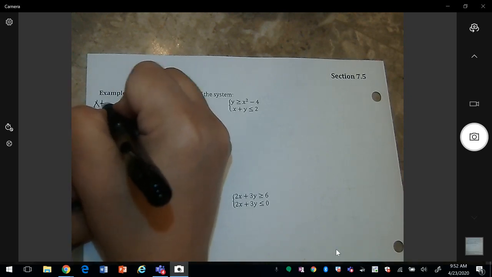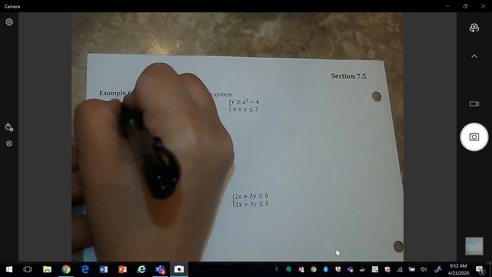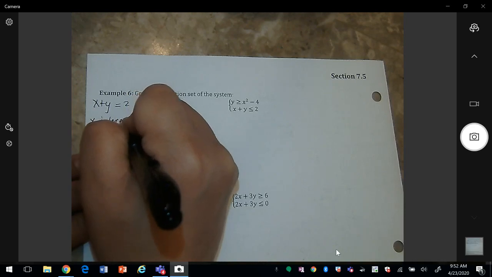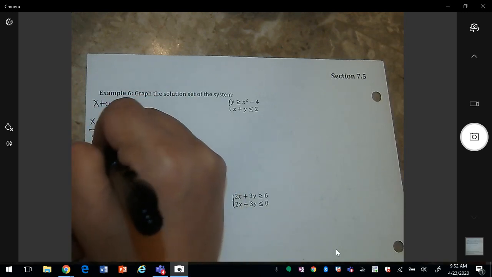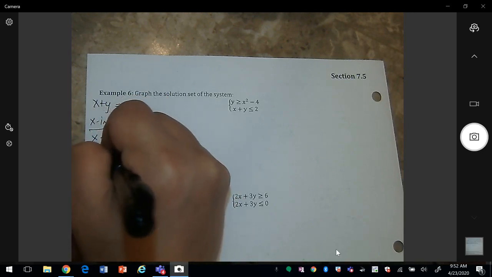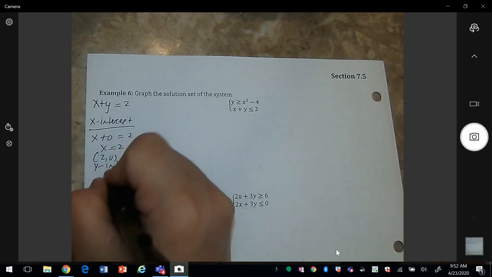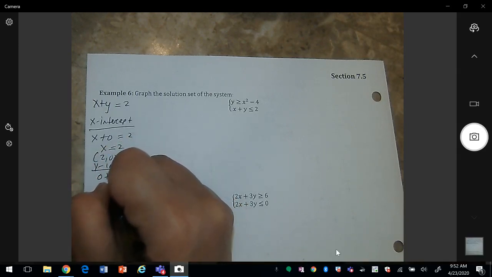We have x plus y is equal to 2. So x-intercept, we let y equal 0. So x is 2. And then the y-intercept, we let x equal 0. So y is equal to 2.